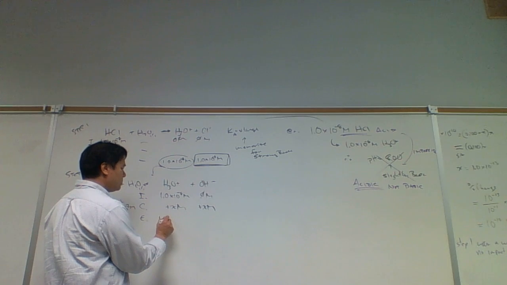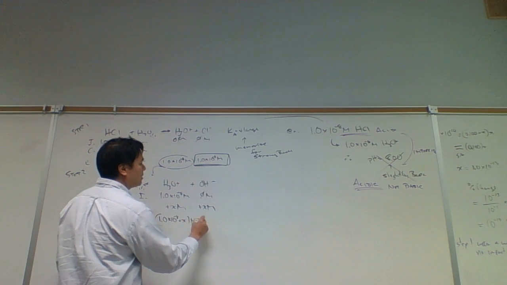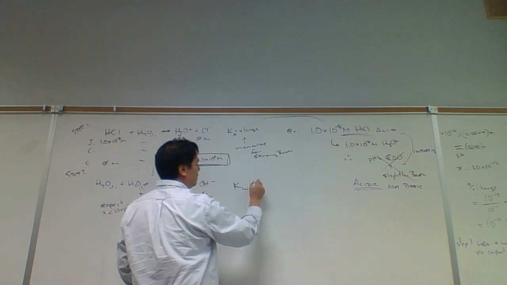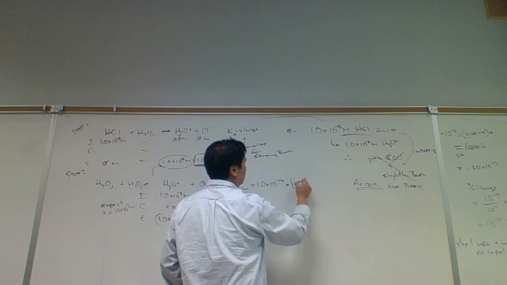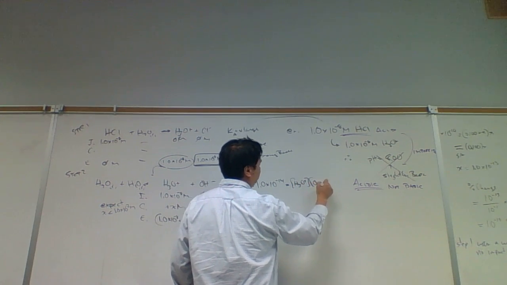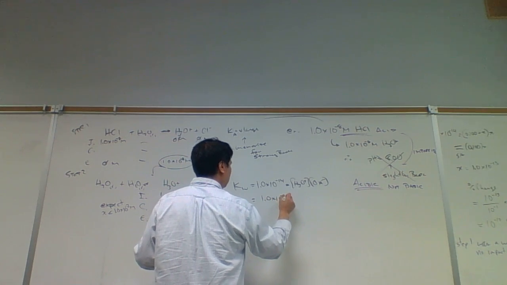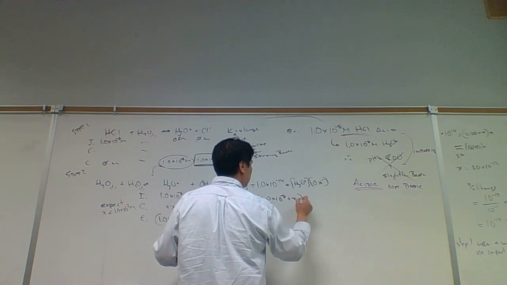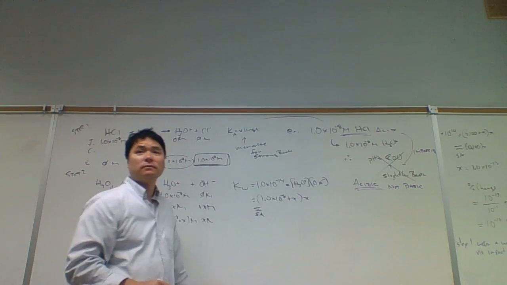So this is going to be 1.0 times 10 to the minus 8 plus X molar, and then X molar. And then we could solve for KW. KW is 1.0 times 10 to the minus 14, which is equal to hydronium times the hydroxide. This is going to be 1.0 times 10 to the minus 8 plus X times X. I always try the simplifying assumption, just to see.